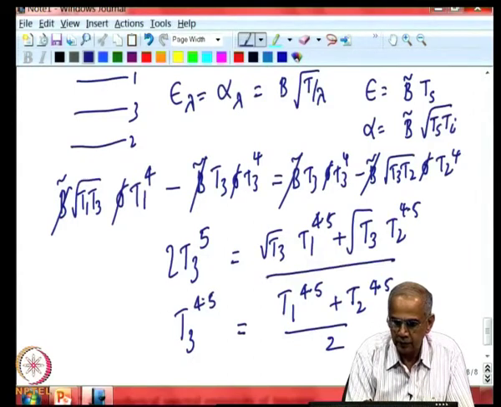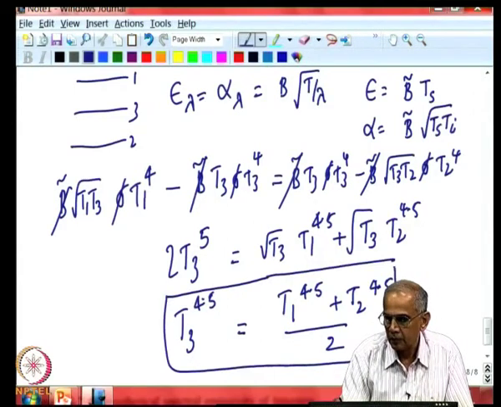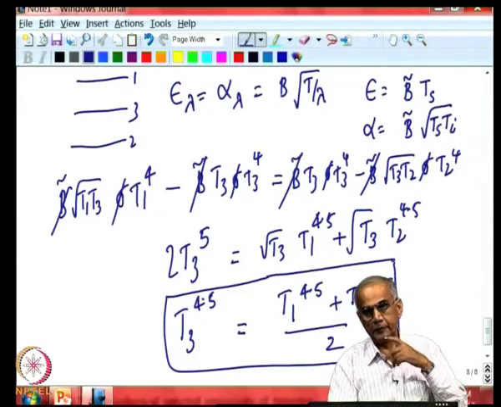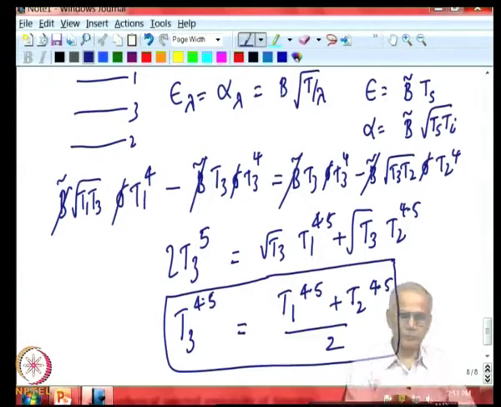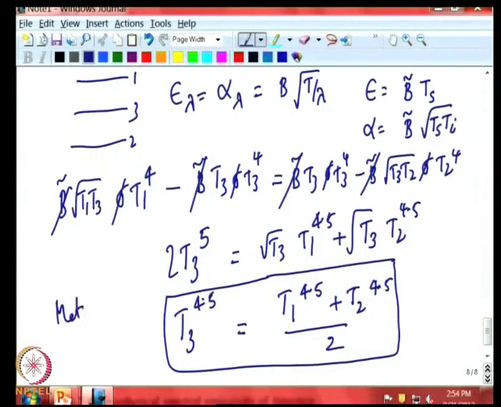So, this is the final result, which is for the temperature of a metallic shield between two parallel black plates.